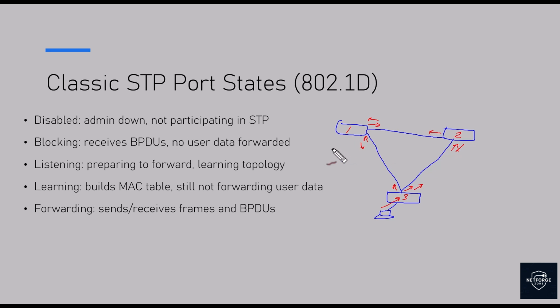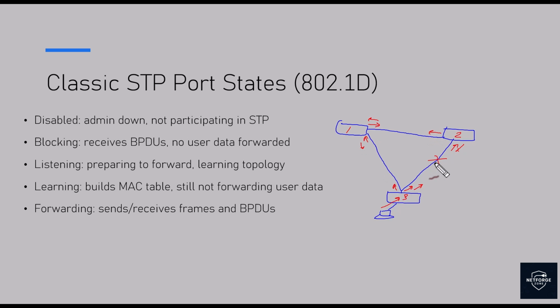There is something called spanning tree protocol. I spoke about this in a previous video. What is it going to do? It is going to block one of these ports so that we don't have any kind of loop in our network. Switch 3 can connect to switch 1 and can connect to switch 2, but it doesn't have a direct connection to switch 2. It goes through switch 1 to switch 2.